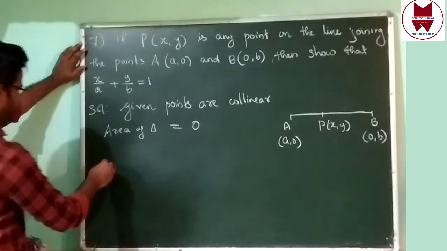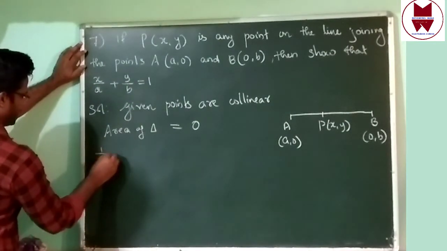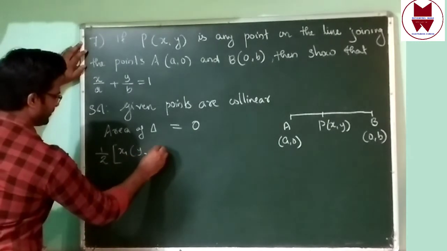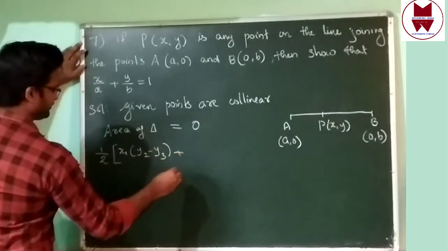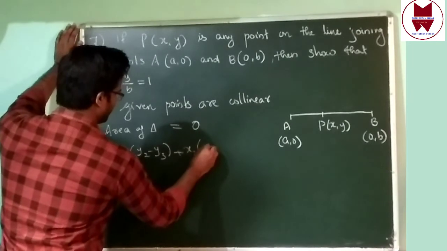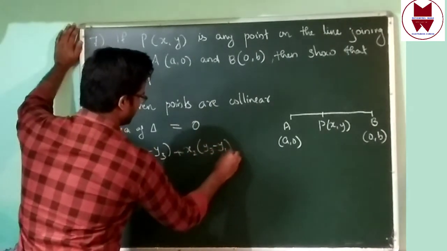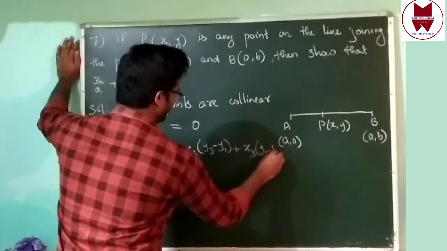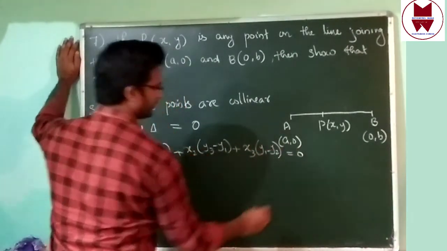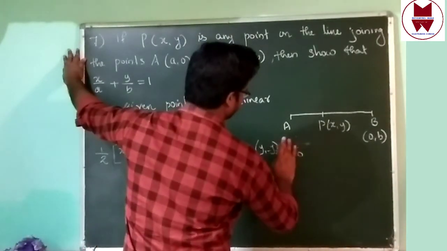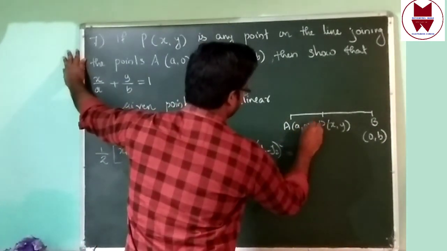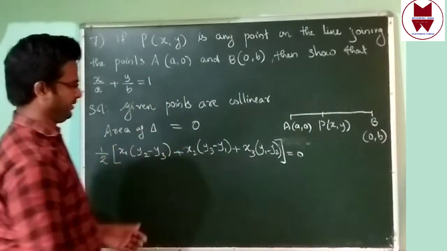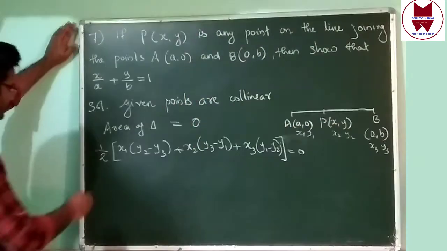Then for the area of the triangle, we already studied one formula, that is 1 by 2 [x1(y2 minus y3) plus x2(y3 minus y1) plus x3(y1 minus y2)] equal to 0, isn't it? Because this is the condition for collinearity, the area of the triangle will be 0.